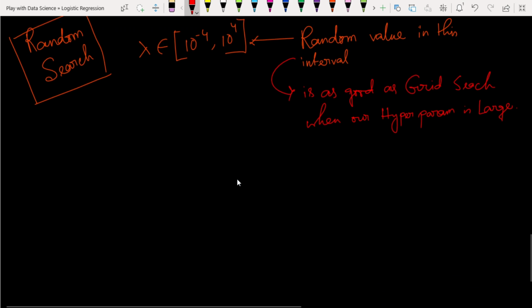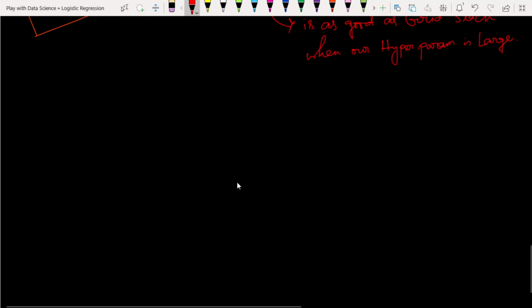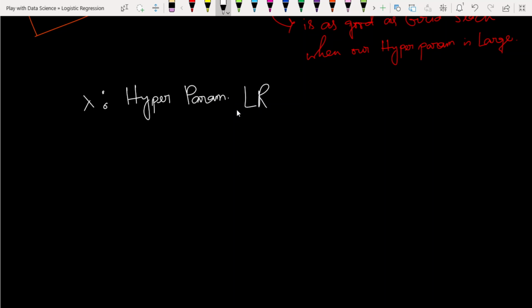At the end of this lecture, we have learned, since lambda is a hyperparameter in logistic regression, the grid search technique and the random search technique to search a hyperparameter.